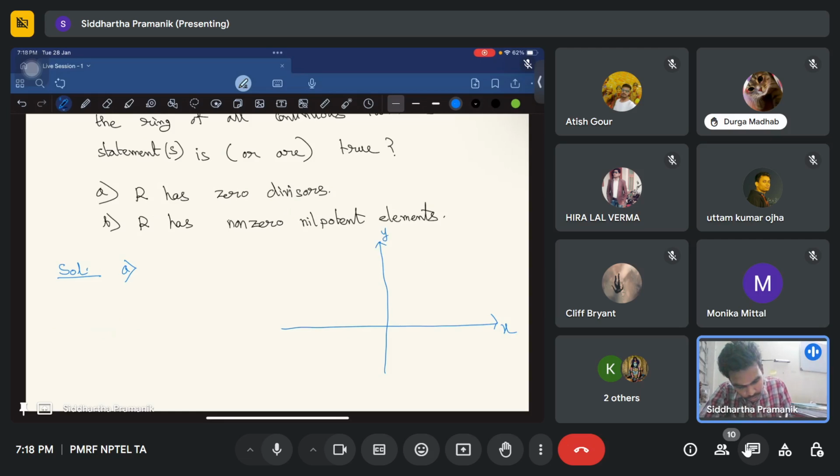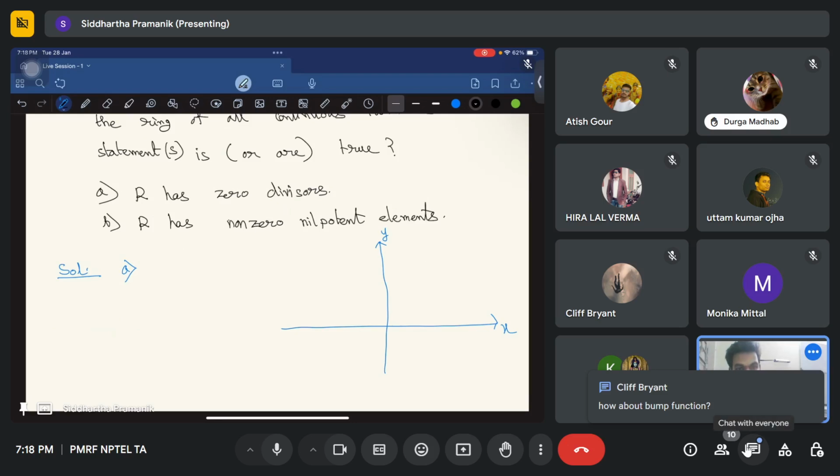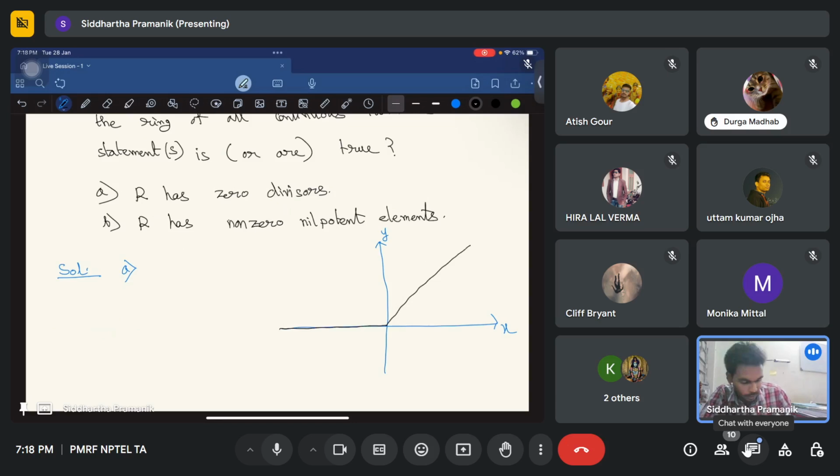You take a function which gives values like this on the negative side, and on the positive side it looks like this. And you take another function which looks like this on the negative side and like this on the positive side.